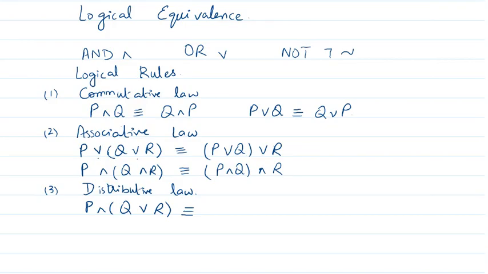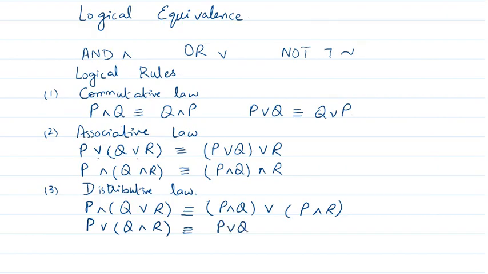On the right hand side, we are going to have P and Q, in between the operator is OR, so P and R. On the other hand, where OR is distributed over AND, this is equivalent to P or Q, in between the operator will be AND, this time P or R, right?